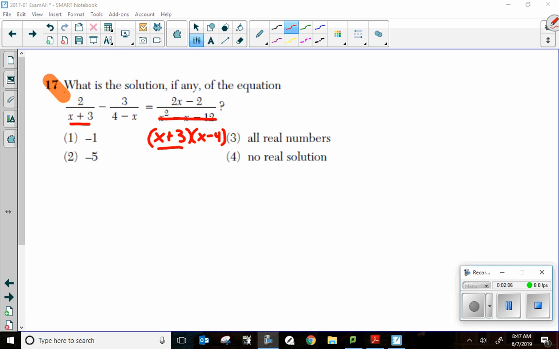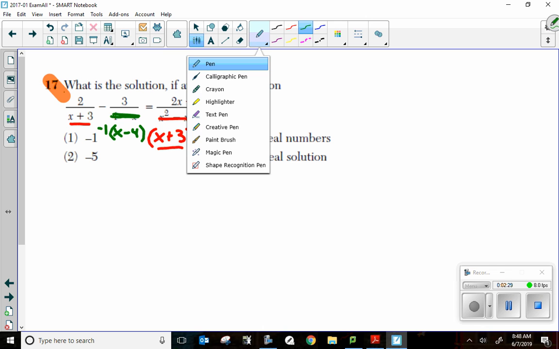The issue is this middle fraction. I see 4 minus x, not x minus 4. But guess what? If I change these around, the minus sign, that's the same thing as factoring out a -1. And furthermore, what I'm going to do is take my 3 and divide it by this -1. What do I mean?